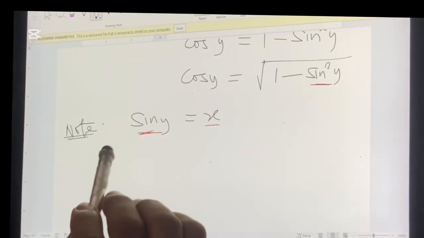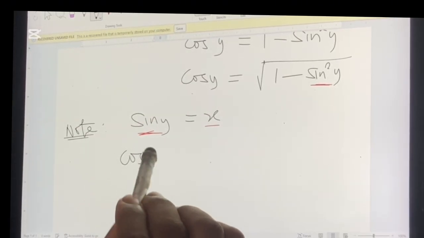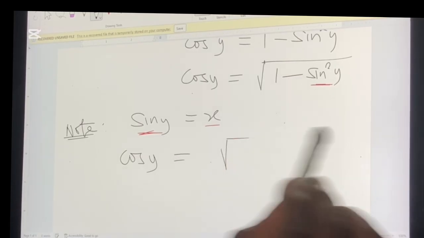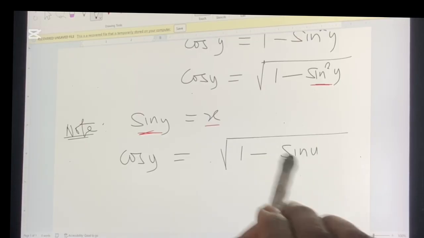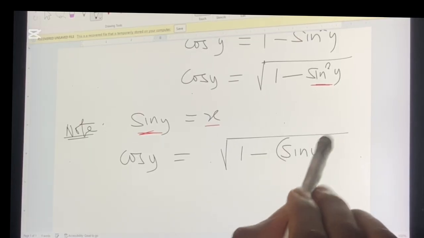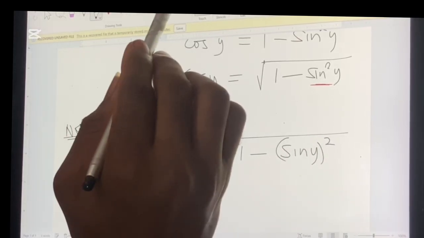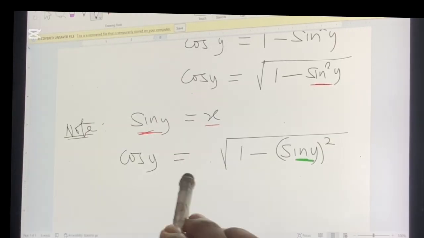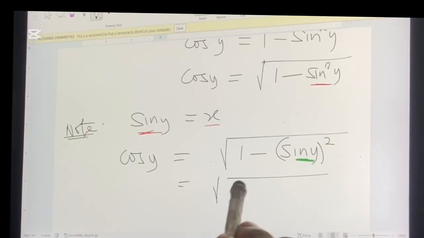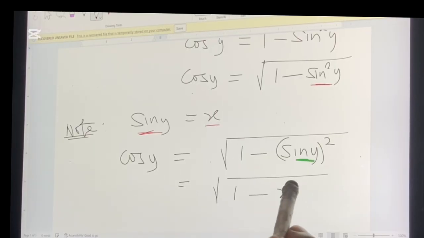When you do that, I will have cos y to be equal to square root of 1 minus sine y all squared. Okay, now replacing this sine y as s, I will have my result to be square root of 1 minus s squared.